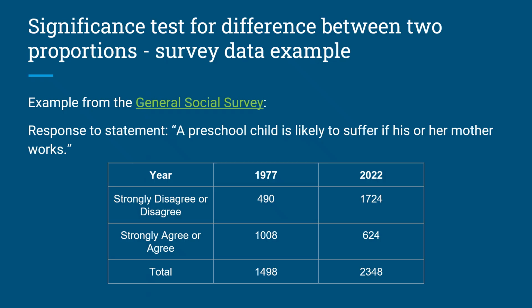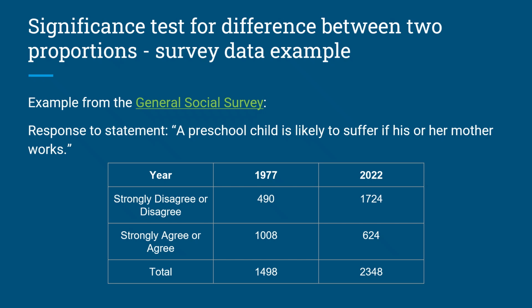Okay, so now we can think about bringing the significance testing back to a survey data example rather than the kind of made-up examples we've been looking at so far. Here I'm going to use information from the General Social Survey that was obtained in 2 years. I think every year since like 1975 or so, the General Social Survey, or GSS, has asked respondents to respond to a statement: a preschool child is likely to suffer if his or her mother works.